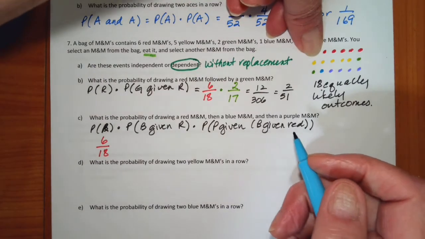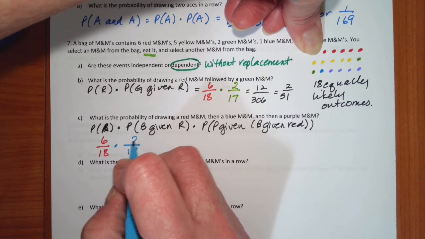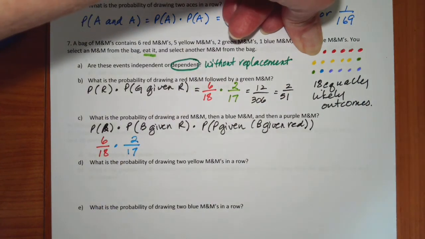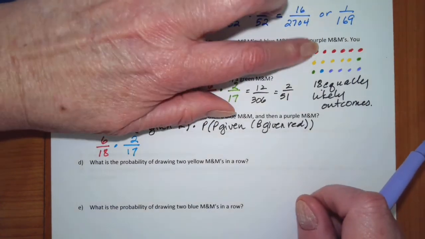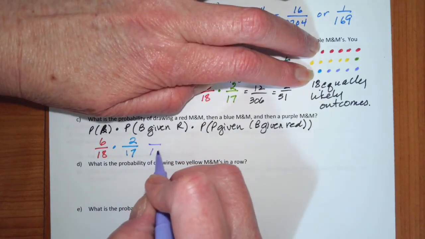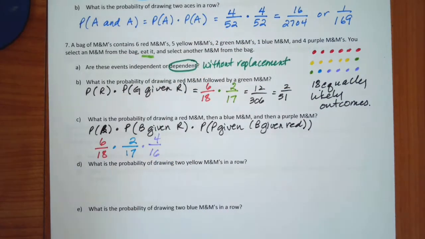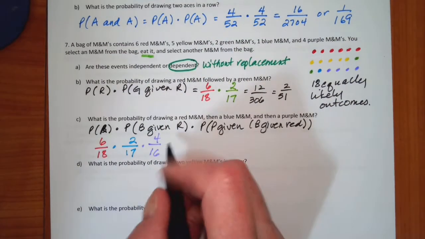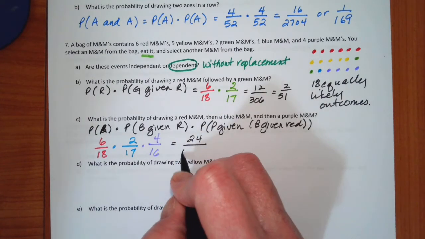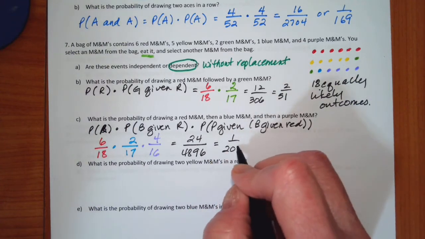Well, there are no longer 18, there are only 17, but there are 2 blues. Okay, so now one of these and one of these are gone. So now there are only 16 left in the bag, and there are 4 purple out of that 16. So when you multiply these together, you end up with 24 divided by 4896, which is 1 out of 204.